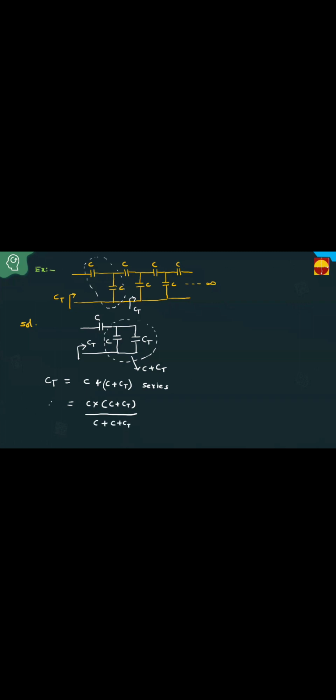Okay. Then this is CT. Then you have to simplify this. CT equal to, that is C square plus C into CT by 2C plus CT. Cross multiply. 2C into CT plus CT square is equal to C square plus C into CT.